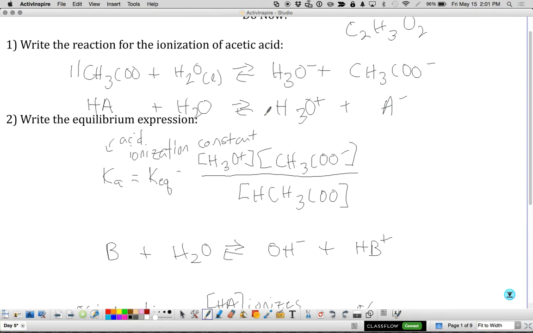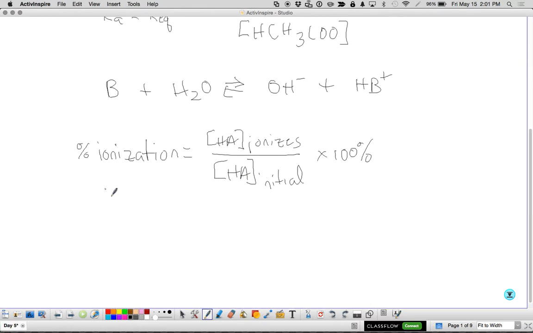That's what ionization is, right? And this H3O plus, we have a nice readout for using a pH meter. So I know that concentration of HA that ionizes is equal to concentration of H3O plus. Okay, I can rewrite this equation.